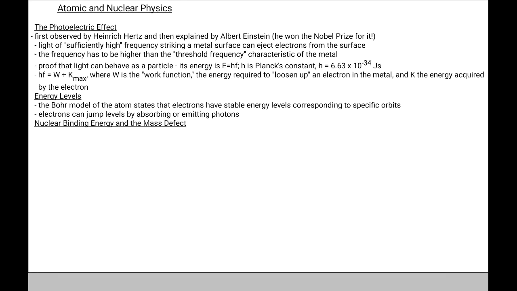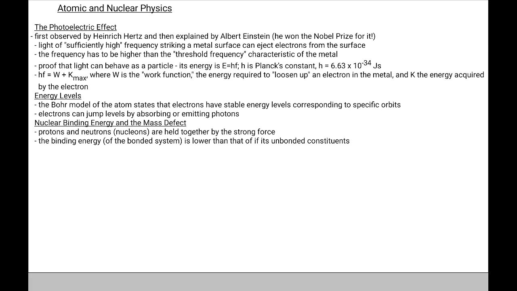Let's look at the nuclear binding energy and the mass defect. So nucleons are held together inside the nucleus by the strong force. The binding energy of the bonded system inside the nucleus turns out to be lower than the energy of the unbonded constituents.